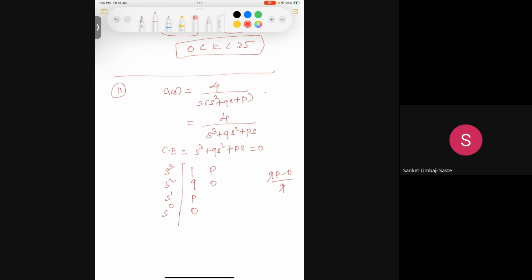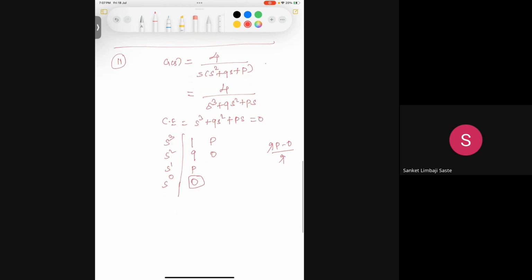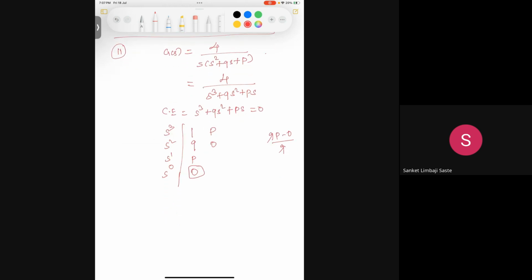Oh, here. It's case 2 because there will be only one element, but that one element is also 0. You cannot consider this under case 1 because the S0 row will always have only one element, right? So here that one element becomes 0.